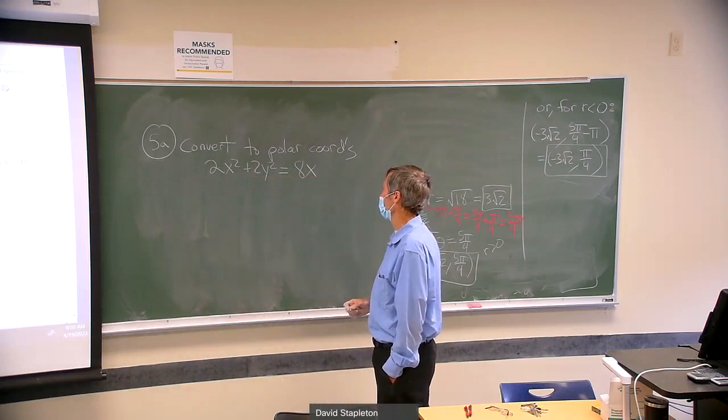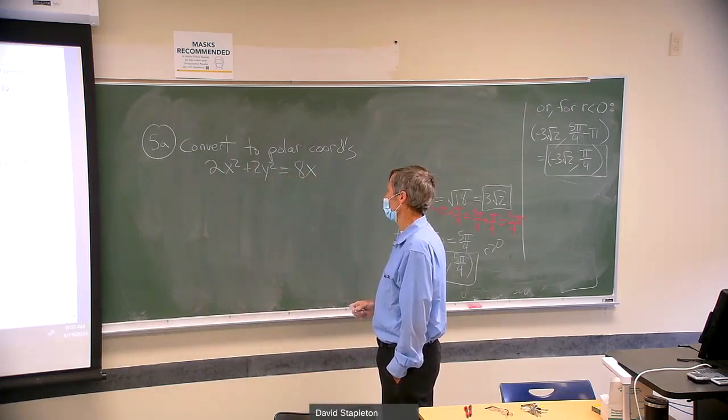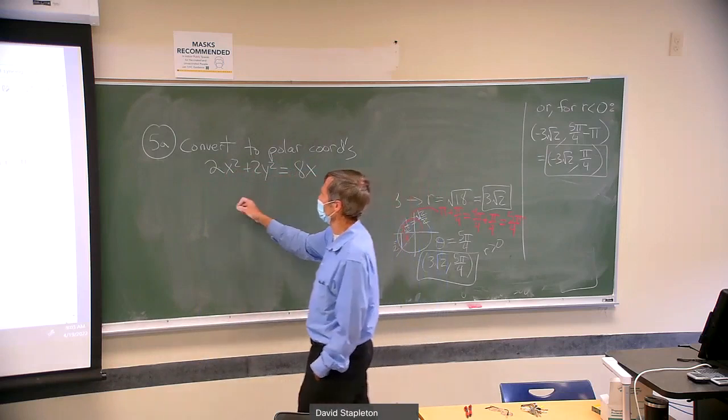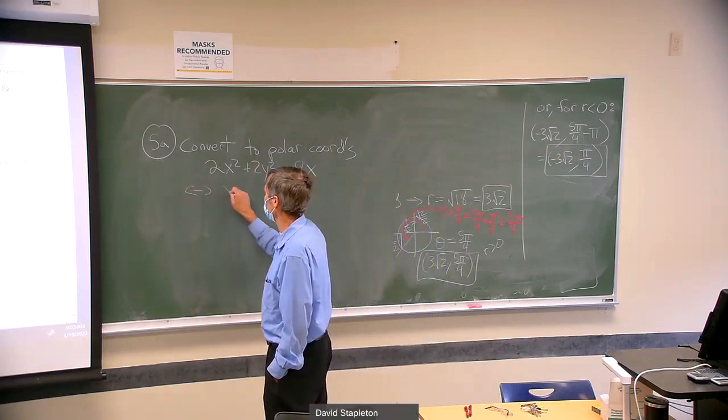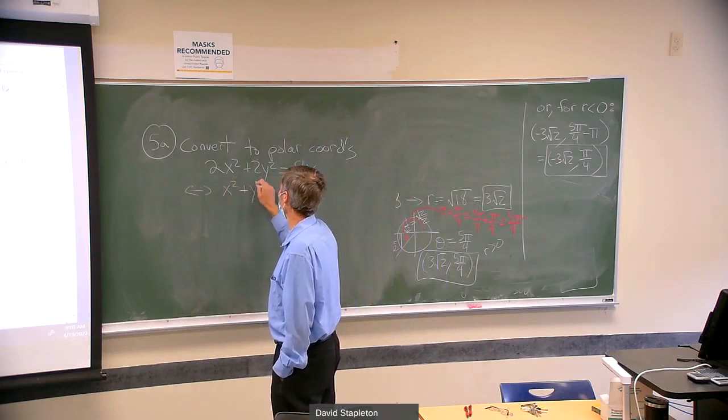First thing I might want to do with this is divide through by 2, since all these numbers are divisible by 2, and I'll write equivalently, just to save myself some work, x squared plus y squared equals 4x.